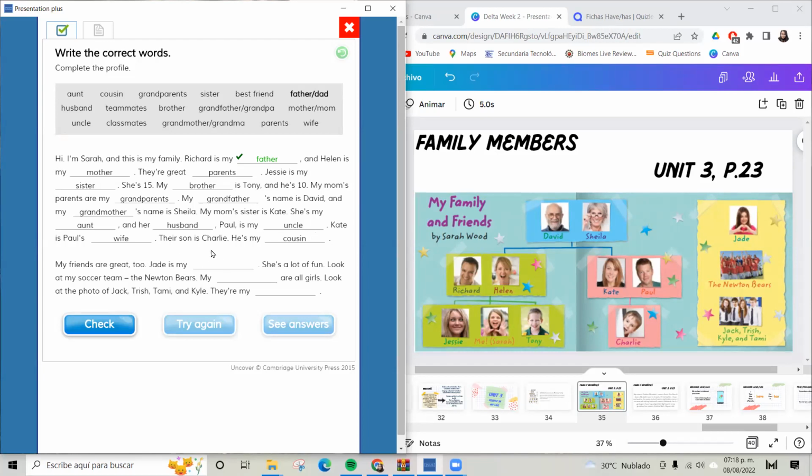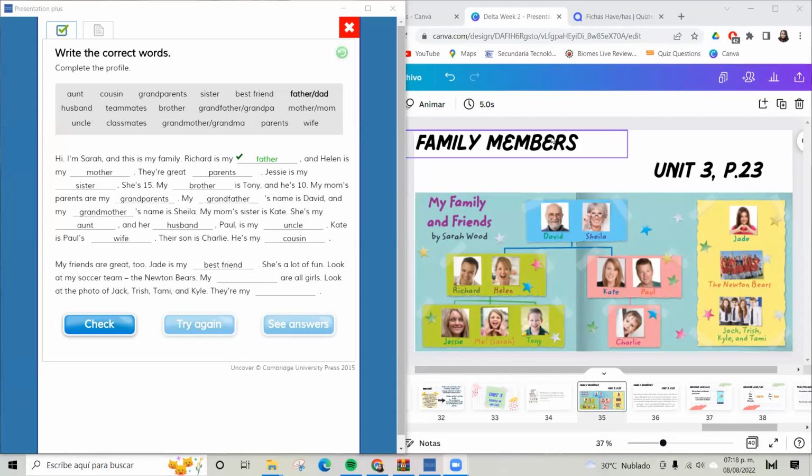Now, Sarah also talks a little bit about her friends. She says, my friends are great too. Jade is my best friend. My best friend. Now, friend is also gender neutral. En español, chicos, tenemos amigo y amiga.